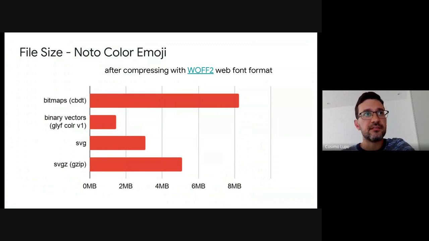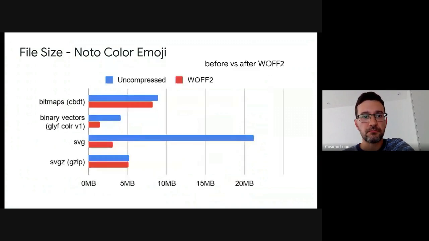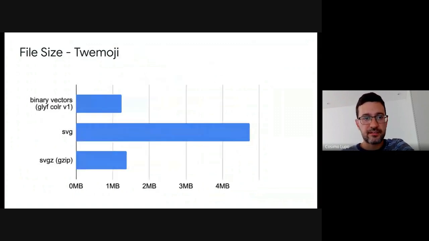Yeah, we also tried the same with the Twitter emoji in the next slides. Here you can see next to each other the uncompressed and the WOFF2 compressed. You can see how much smaller we get after WOFF2. Twitter emoji is very similar. Next slide.